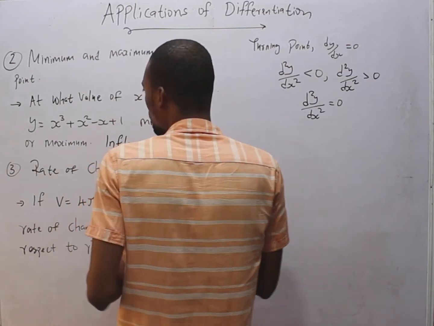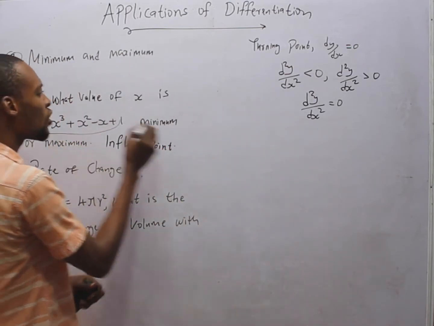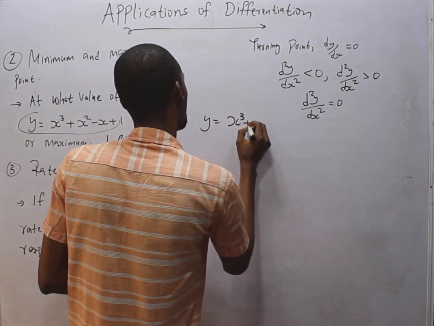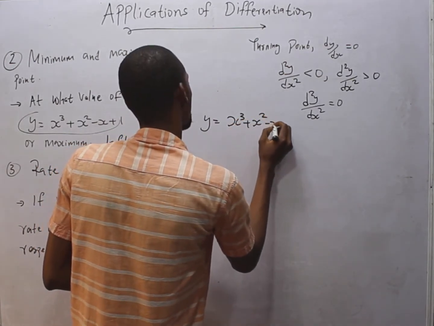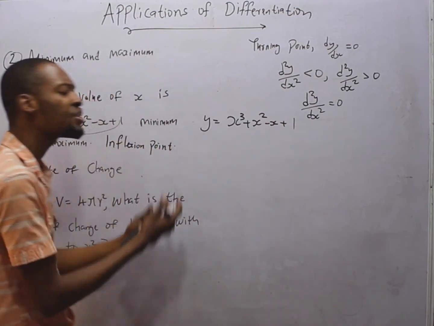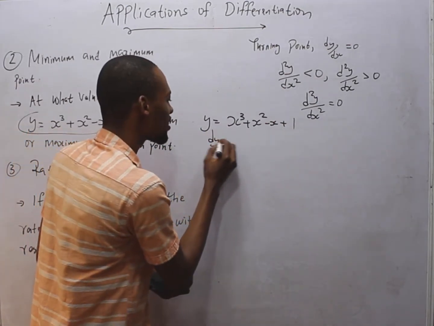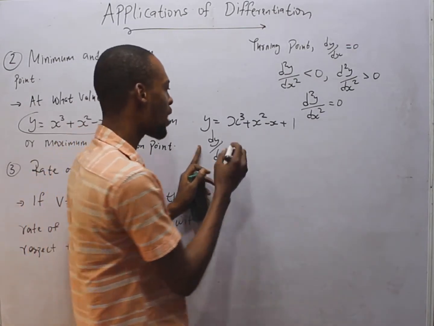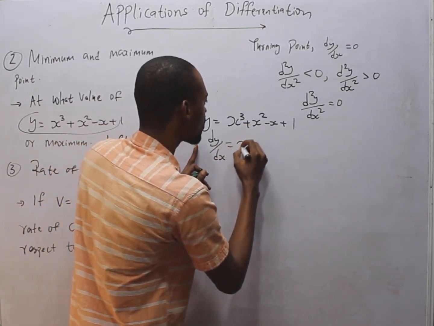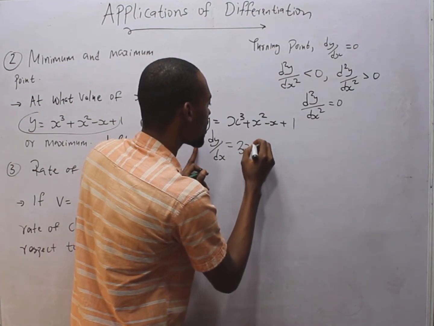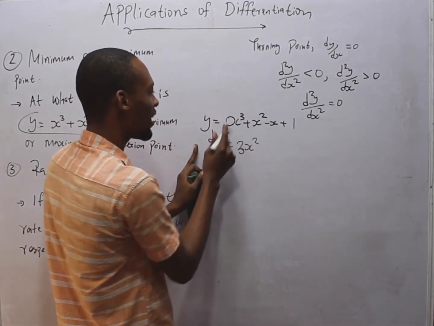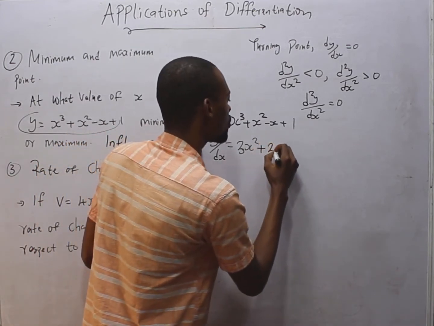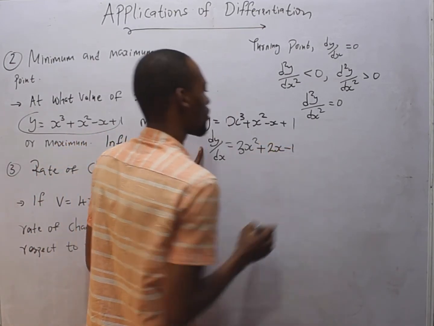What is y? For this, y is equal to x raised to the power of 3 plus x squared minus x plus 1. This is y. dy/dx is simply differentiating y. When you differentiate y, what do you have? You get 3x squared, 3 times 1, subtracting 1 from the power, 3x squared plus 2x minus 1.